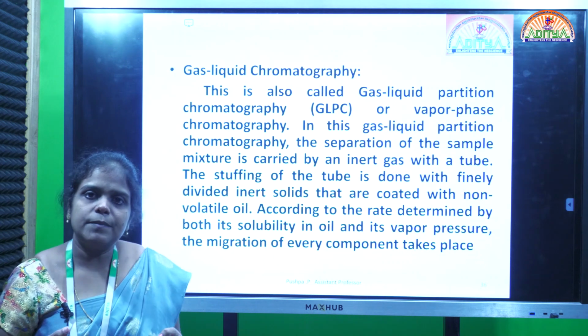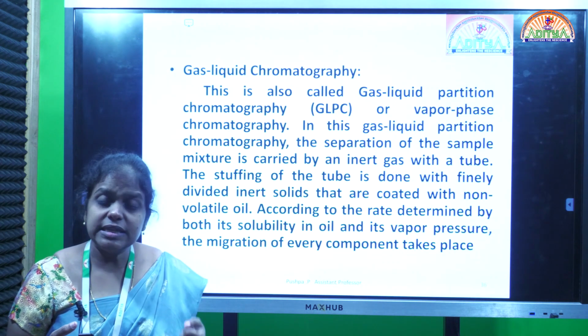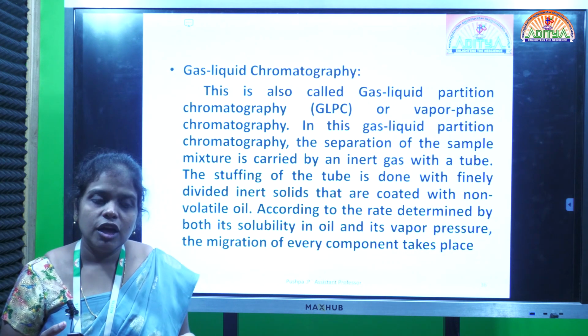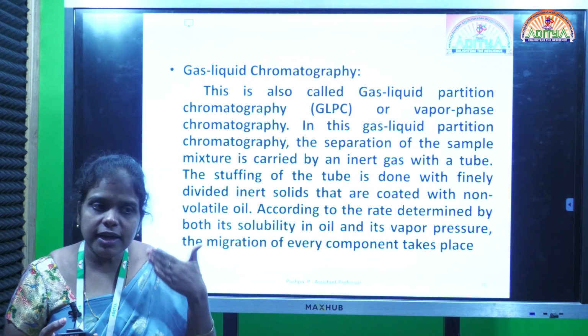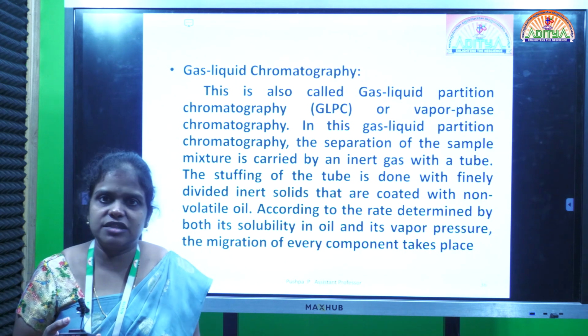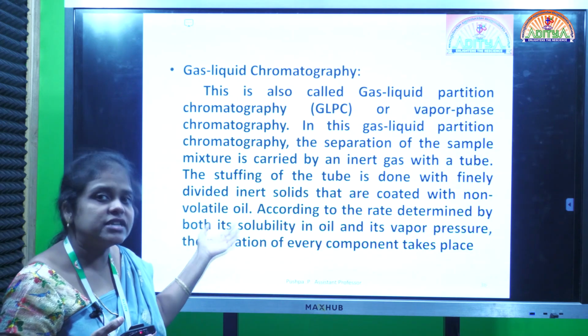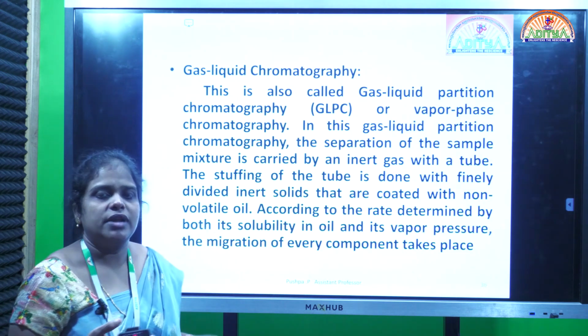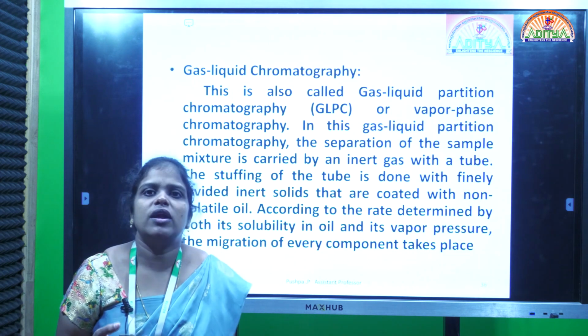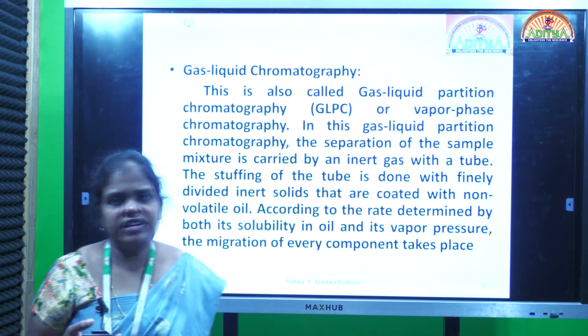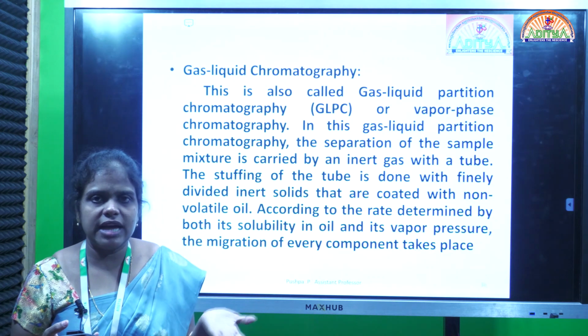But if the sample we are going to separate is in liquid form, then you have to convert the liquid sample into gas form, and then use gas chromatography for separation of that sample. Similarly, if it is in solid form, you have to convert it into gas form.